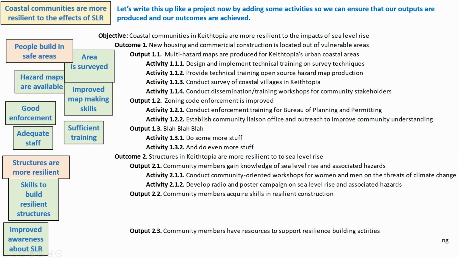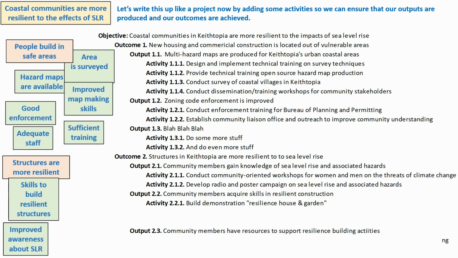So then we've got community members acquire skills in resilient construction. Now, how are we going to do this? Well, we're going to build, this is one of my favorites, I've seen this in many projects that I've worked on around the world, a demonstration resilience house and a garden, because in Keithopia, household gardens are important.